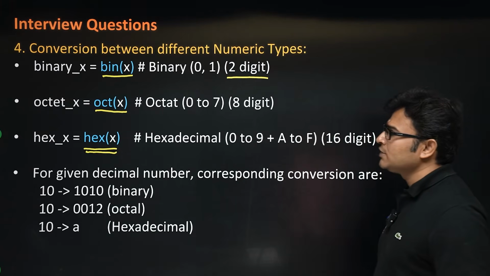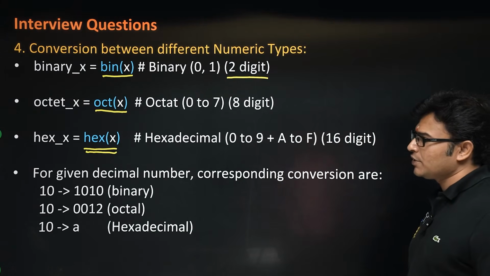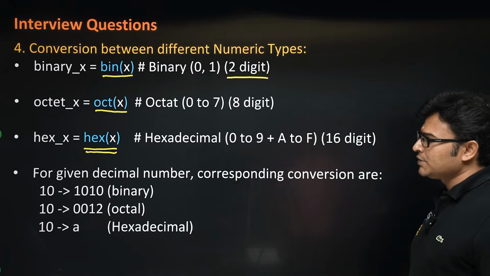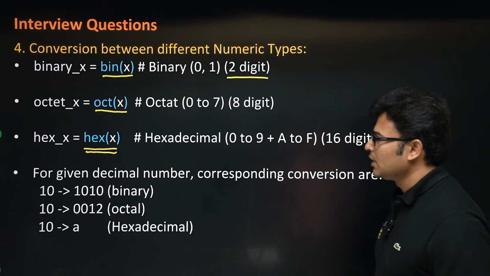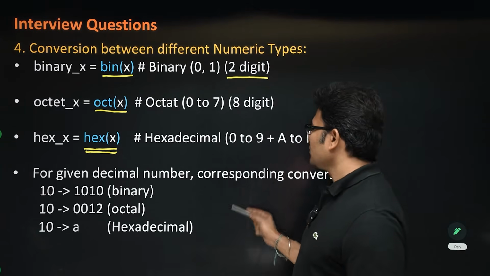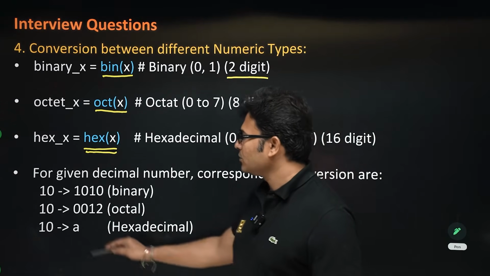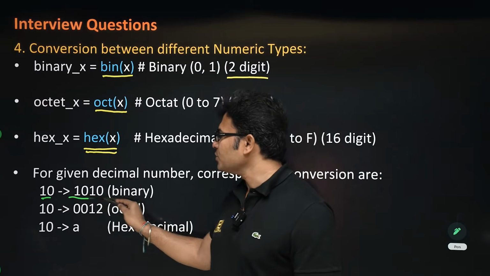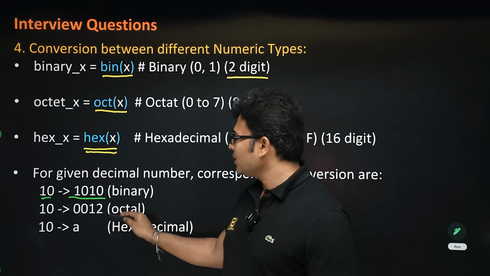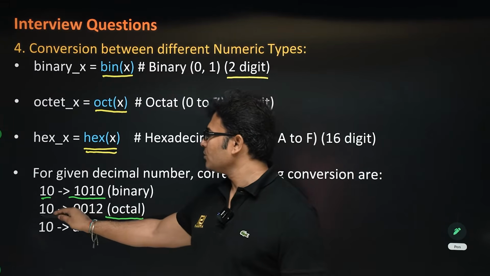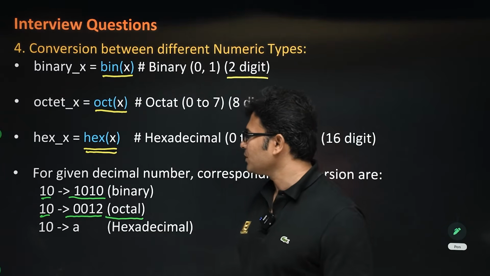I'm not going into the details of what a binary number, octal number or hexadecimal number is. These are not asked in the interview, not required. So for a given decimal number, if you apply binary, then 10 will be converted to 1010. If you apply octal, 10 will be converted to 0o12.